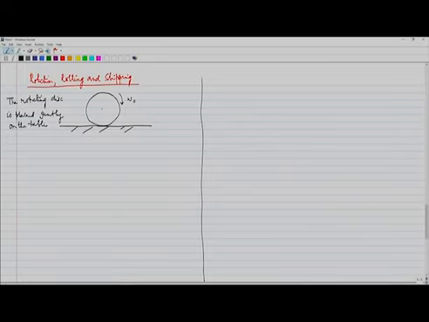Let us say it is a perfectly frictionless table, right?